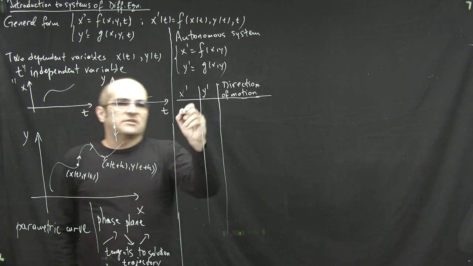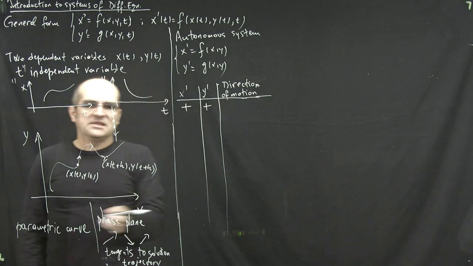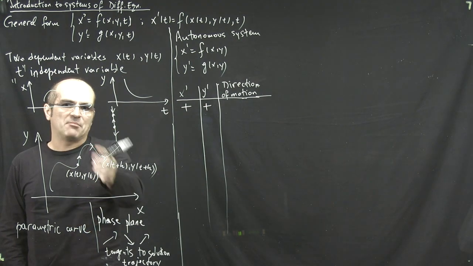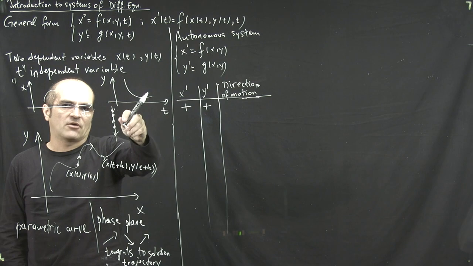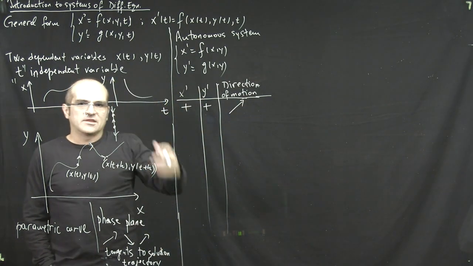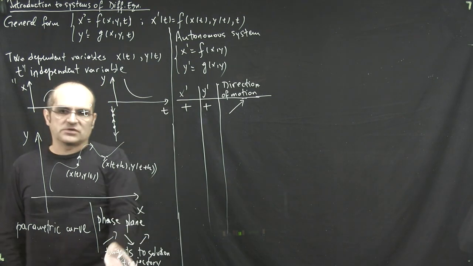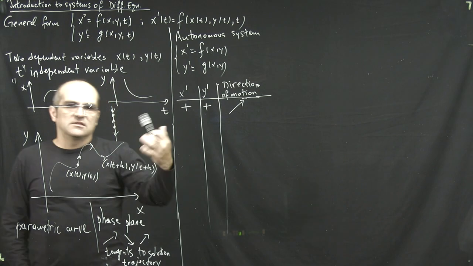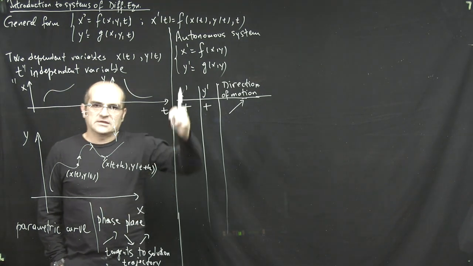So if both derivatives are positive, that means x increases to the right, y increases upward. So the combined effect of these means that the arrow points right and up. So if you run the system with the plotter, and at that point the derivatives have these signs, then you know that the solution moves right and up.